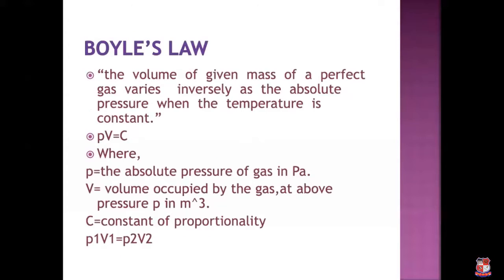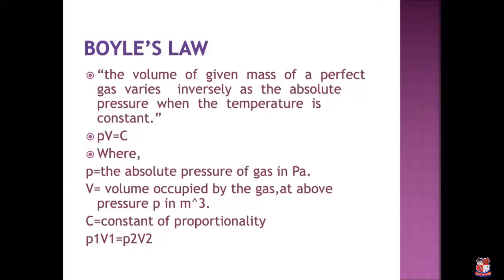Whenever someone asks about Boyle's law, you can prepare the equation, otherwise the statement. So how to prepare the statement? Here you can see the statement: the volume of a given mass of perfect gas varies inversely as the absolute pressure when the temperature is constant. So volume is proportional to 1 upon P. Then what is the equation?